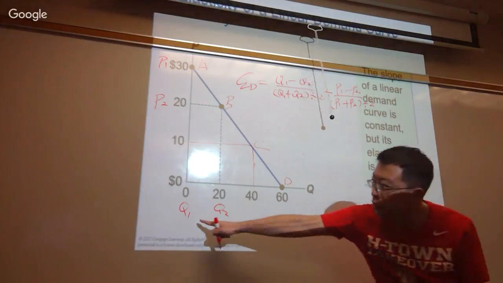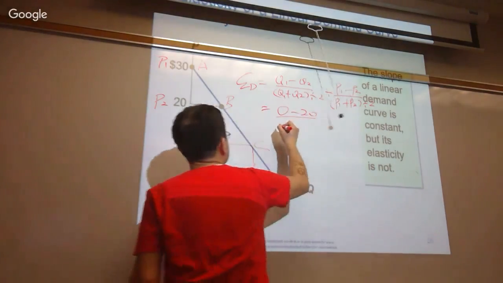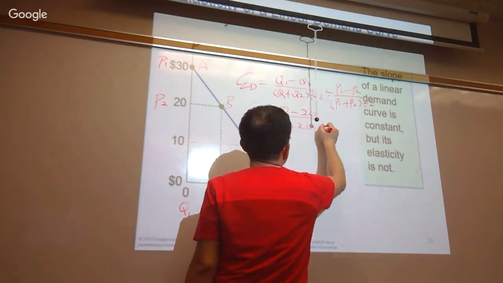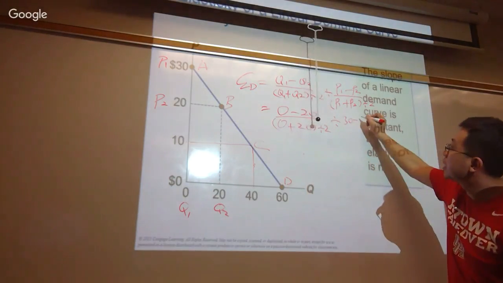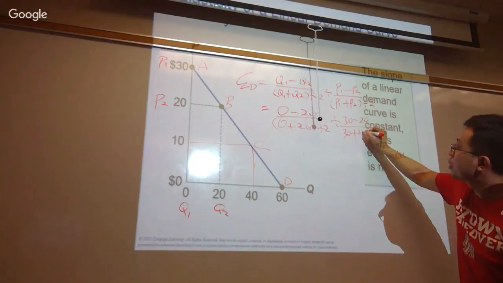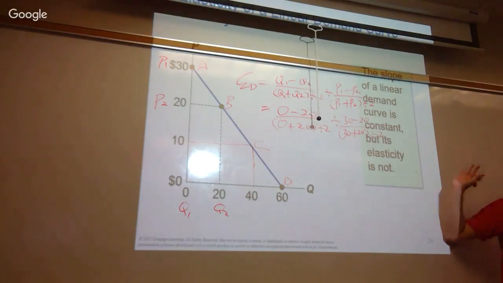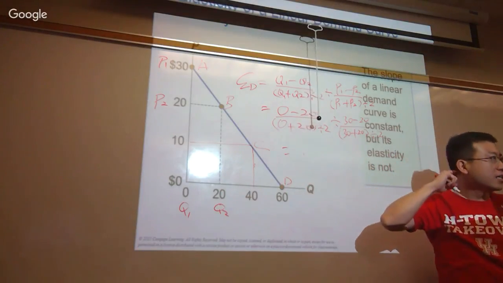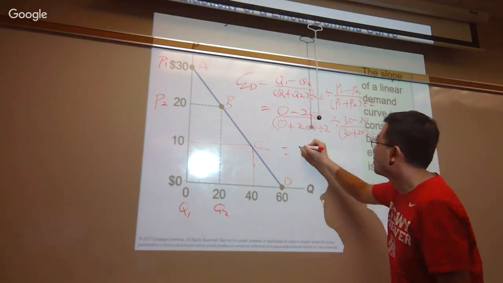So for Q1, Q2, this will be 0 minus 20 over 0 plus 20 divided by 2, and then divided by P1 minus P2, 30 minus 20, over 30 plus 20 divided by 2. So put the numbers in, and then I'm going to do it step by step. Again, do not put everything all into the calculator. Do step by step. First, for quantity, 0 minus 20 is how much? Minus 20.